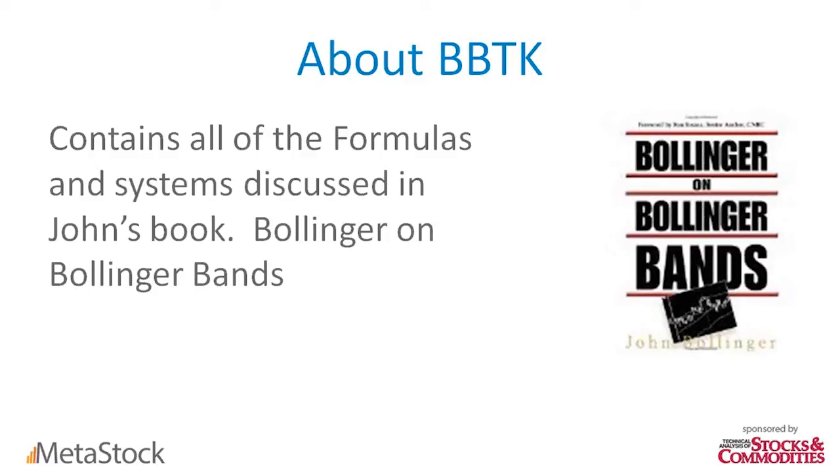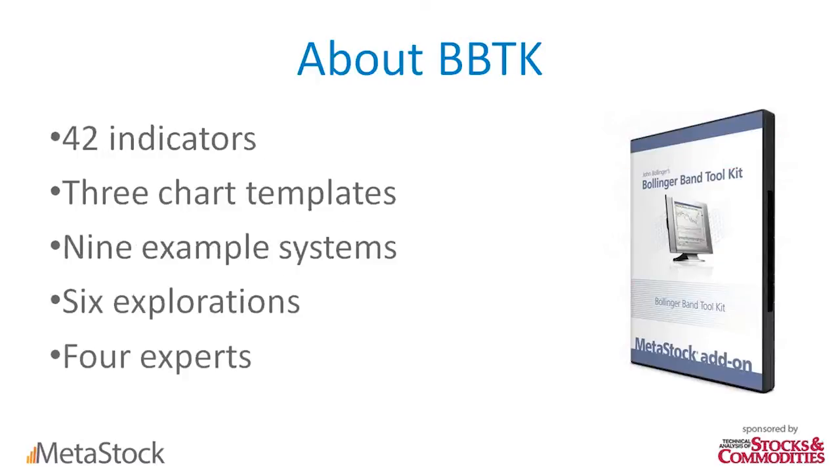He talks about all kinds of different formulas and systems that are discussed in his book. You probably want to pick up a copy to use the add-on because he goes into really good detail about the formulas and the systems and how they work. This one contains about 42 different indicators, 3 chart templates, 9 example systems, 6 explorations, and 4 experts.